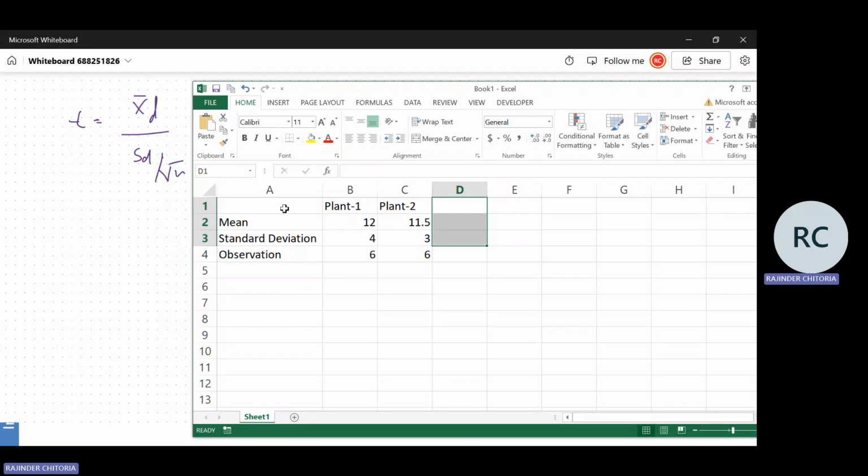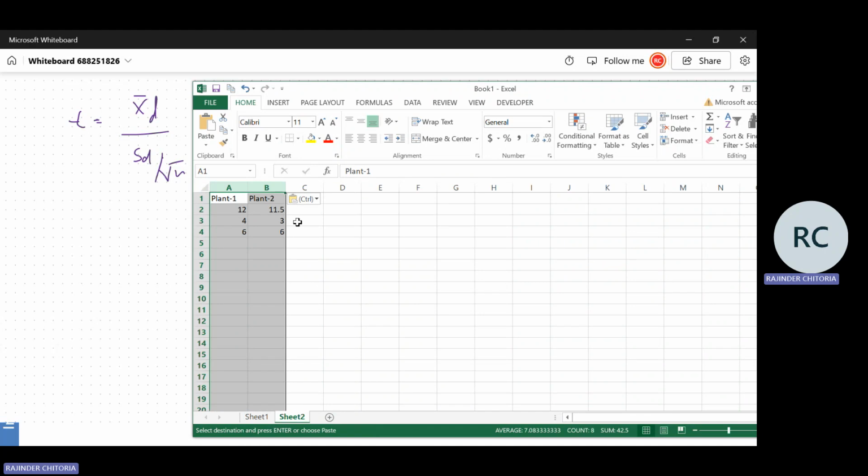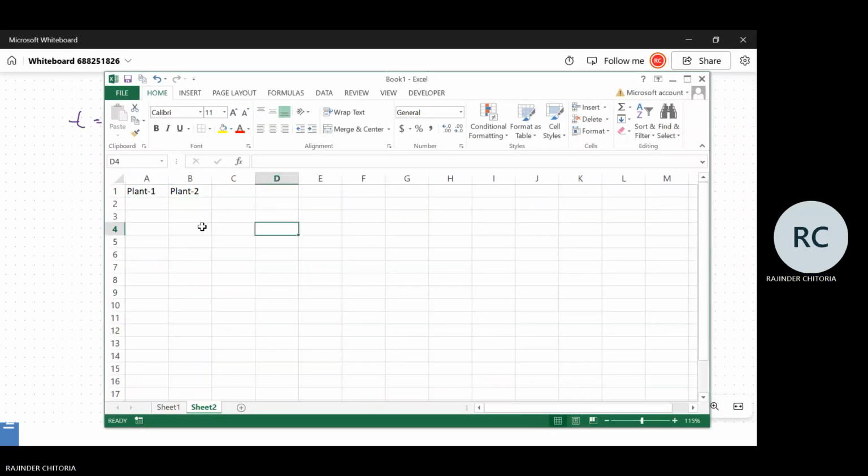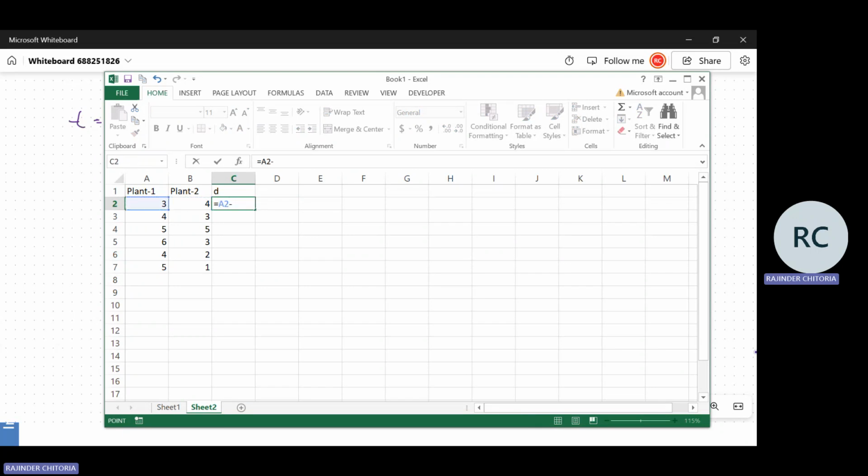So let's say I'll take plant A and plant B in sheet 2. That's the right way to do things. I'll take some sample values. Then we have the difference in observation, this minus this.